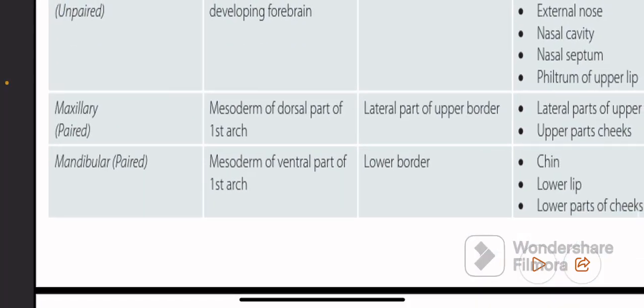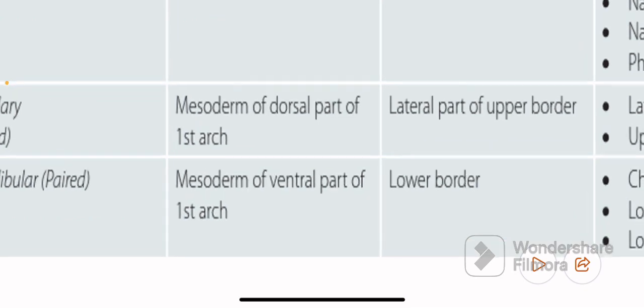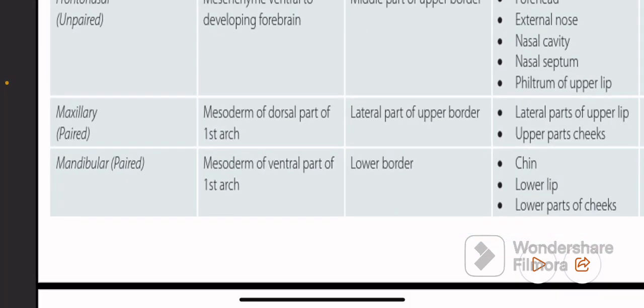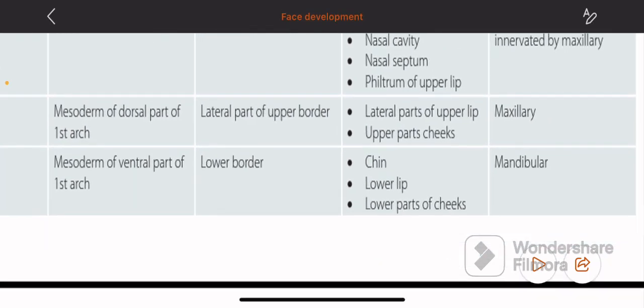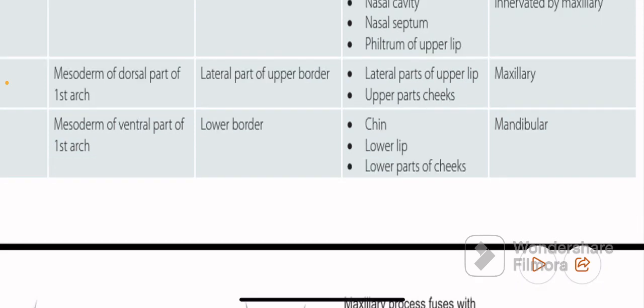Then the mandibular process, which is developed from the mesoderm of the ventral part of the first arch, forms the chin, lower lip and lower part of the cheeks.